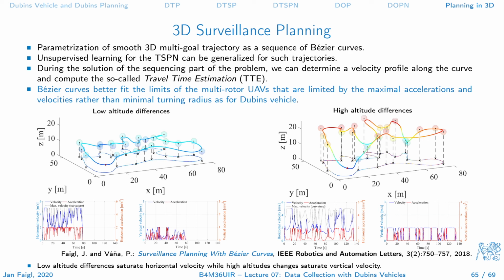What we did is that we construct Bezier curves, and we deploy unsupervised learning. That's not that surprising, but this type of problem is relatively complex. You also need to estimate the travel time, so you need to determine the velocity profiles.